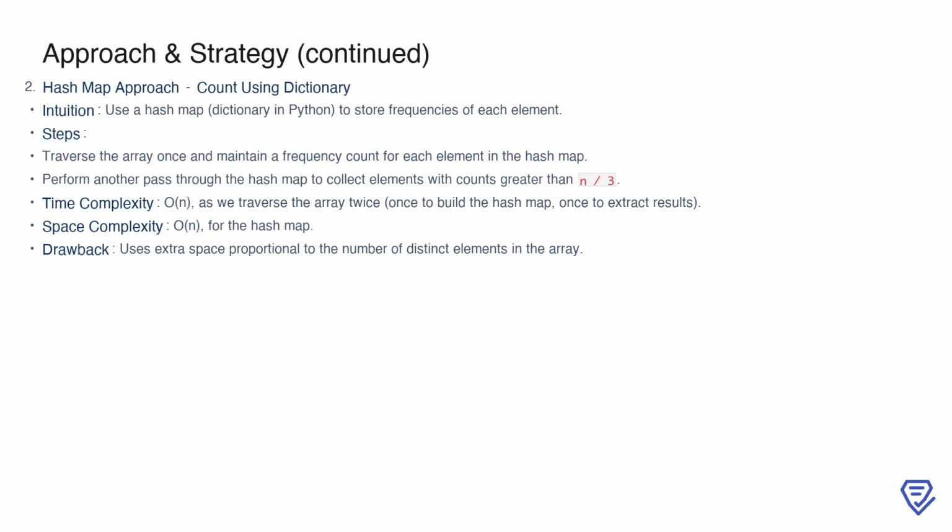This approach is much more efficient, with a time complexity of O(n), as we traverse the array twice, once to build the hash map and once to extract the results. However, the space complexity is O(n), as the hash map requires additional memory proportional to the number of distinct elements. While this method is faster than the brute force approach, the extra space usage is a drawback, especially when the array contains many unique elements.